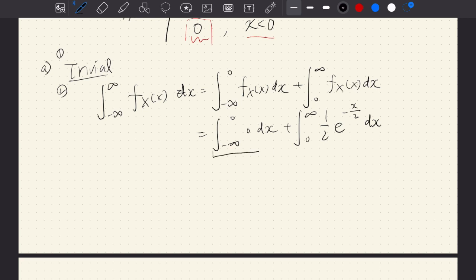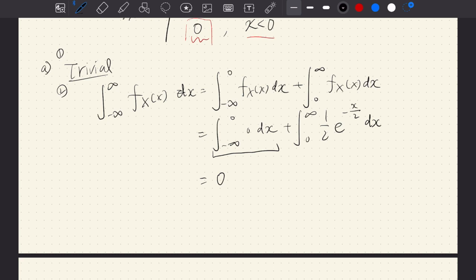So the first definite integral here should be 0. Or alternatively, you can think of integrating y equals 0 and taking its area under the curve. Because it is just the x-axis, it has no area under the curve, so this should be 0, okay?